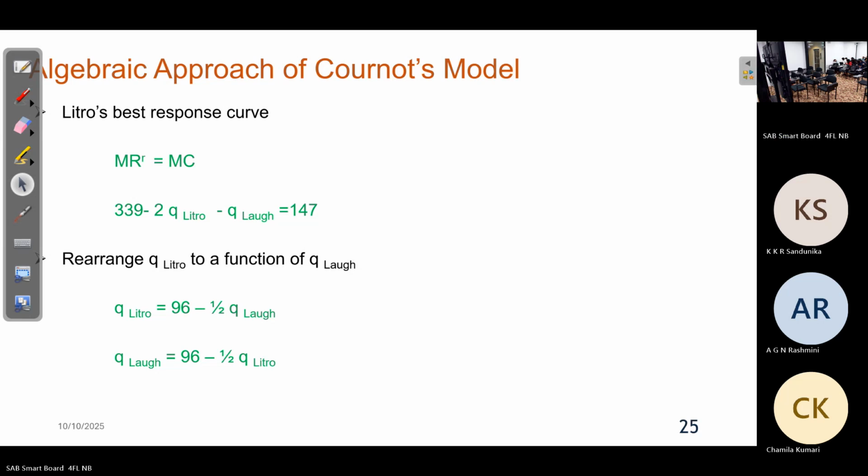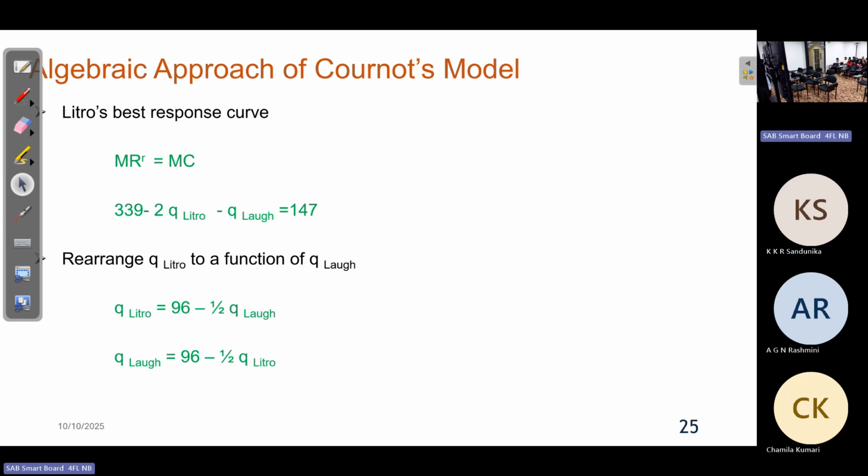Done? Is this difficult for you? Why are you making it difficult? This is the same topic: MR equals MC. The only thing here is, now look at the board, stop all your work. First thing here is, this is the total market demand.